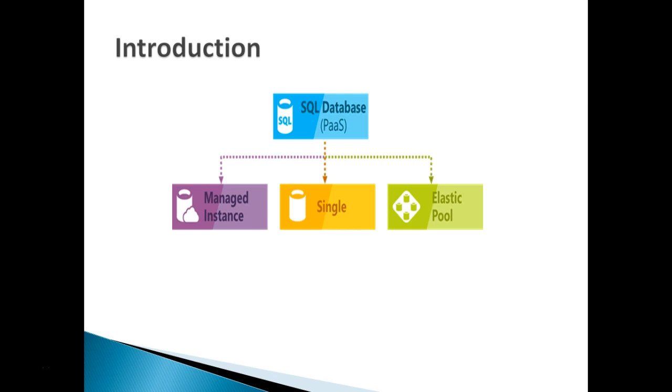A single database has its own set of resources, which are managed by the same Azure SQL server, and this SQL database server is a logical server. Whenever you create a database in the Azure portal, to create any database you will require one SQL logical server.